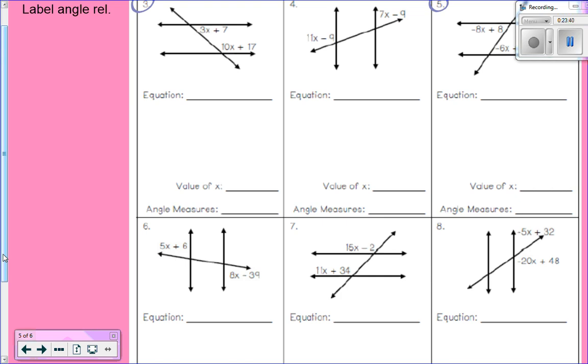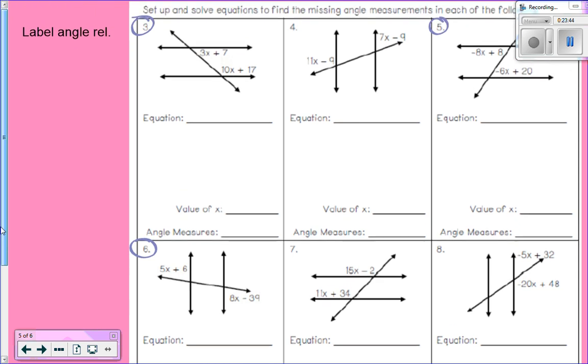Let's do 6. Agree with that? 3, 5, 6. And then we'll check our answers. Notice that they start off with the equation that's identifying that relationship. And then you have to find the value of x to determine the angle measure. Measures. They want both.